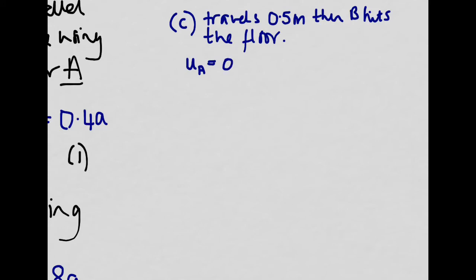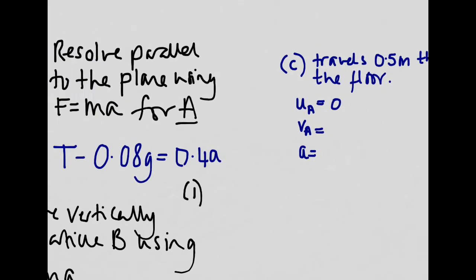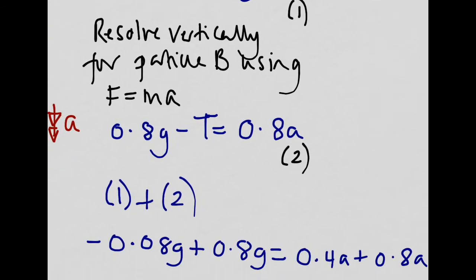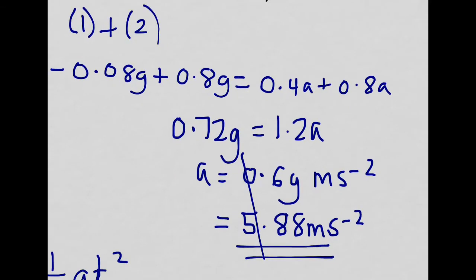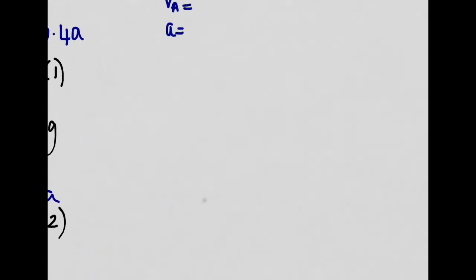I know then I've got the speed of A when B hits the floor. My acceleration, well, I know my acceleration. I worked that out previously, so let's go back and have a look. Where is my acceleration? There it is, 0.6 g.